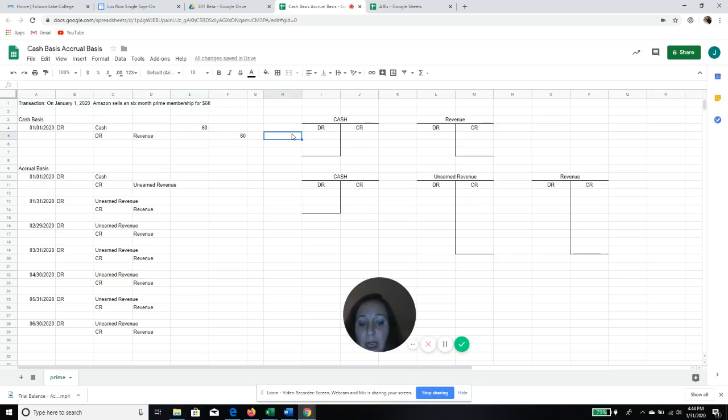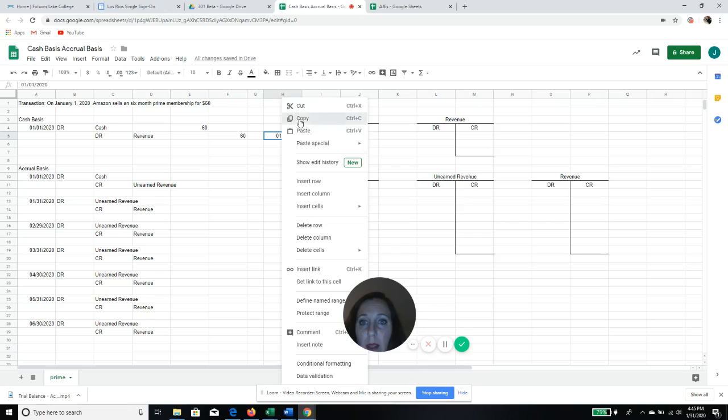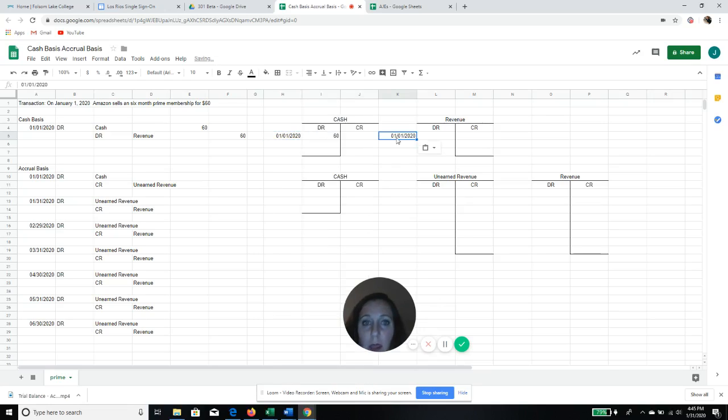We'll enter our transactions here: 01/01/2020, debit cash for $60, and credit revenue for $60. If we add that up, they end up with $60 in their cash account and $60 in the revenue account.